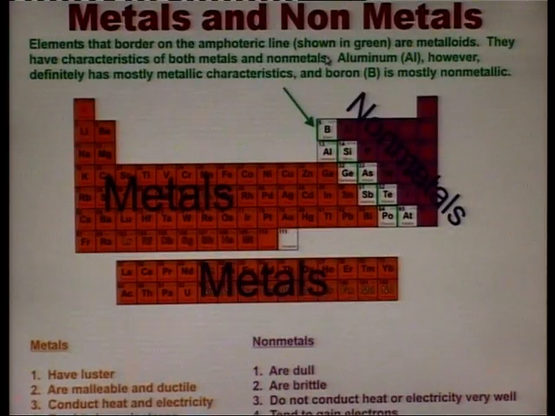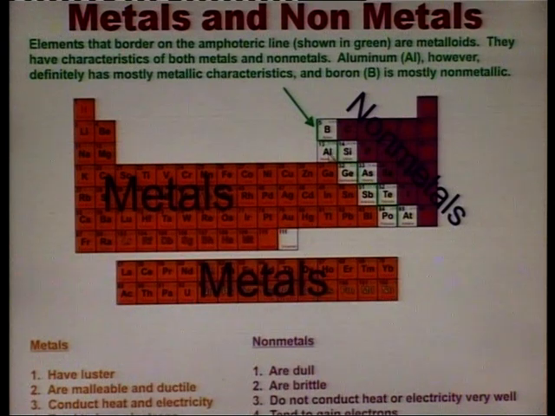Elements that border on the amphoteric line, this green line, they are metalloids. They have characteristics of both metals and non-metals.